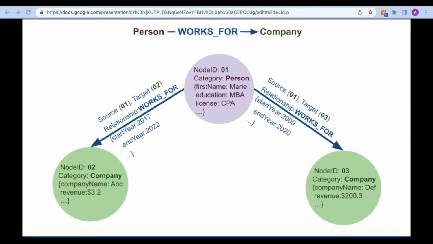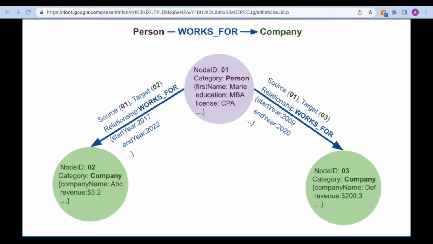Alright, so right here we're looking at a simple property graph. Here we're looking at people contracted by different companies, right? So here our person node is our source node, and our target node is our company, as we can see by the arrow of our relationship. Now, the person node has its own properties, including their name, their education, their license, right?